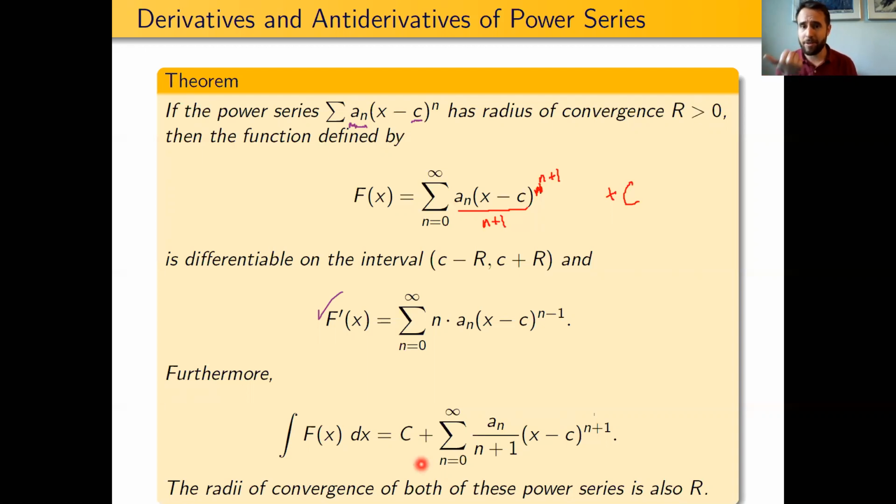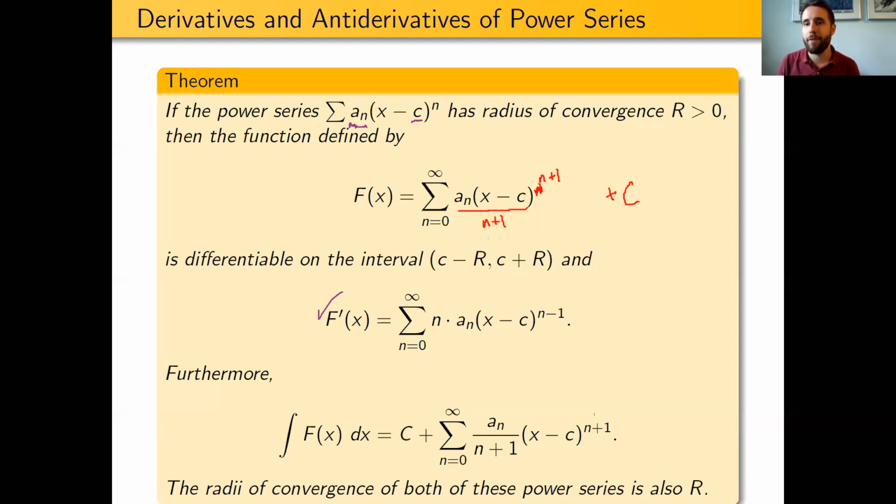If our power series is giving us a well-defined function, then derivatives and antiderivatives work as we might hope, by treating the individual terms of our infinite summation as individual elements and taking the derivative or antiderivative of each of those separately. Furthermore, the radius of convergence for both of these new expressions, the derivative and the antiderivative, also happens to be capital R. So the radius of convergence does not change.